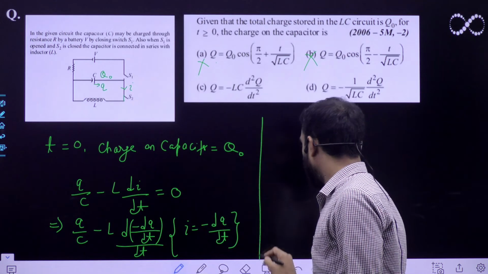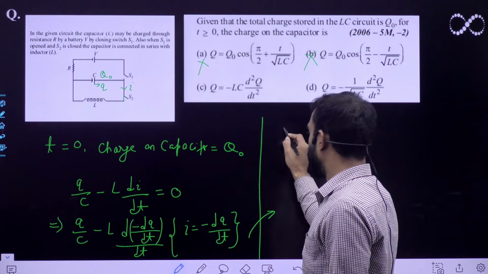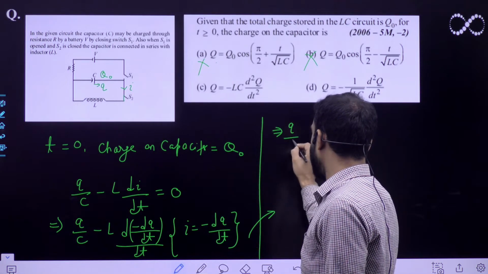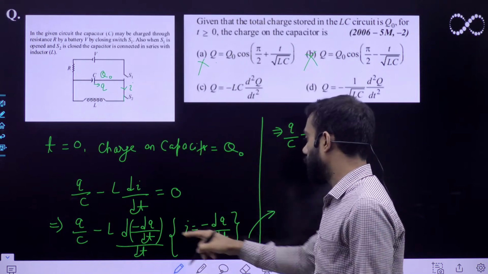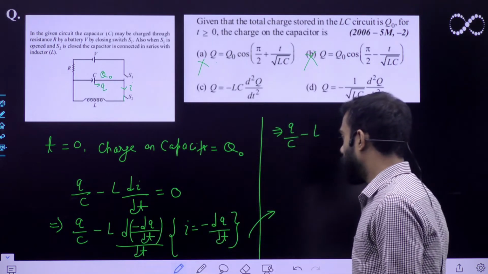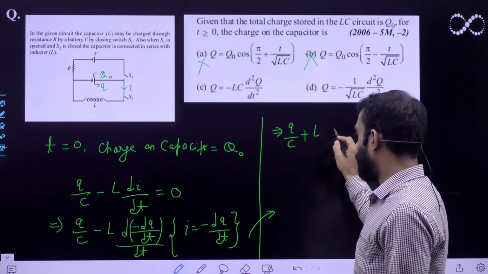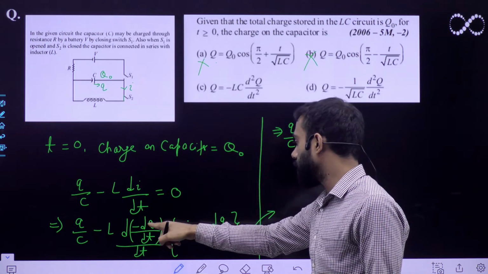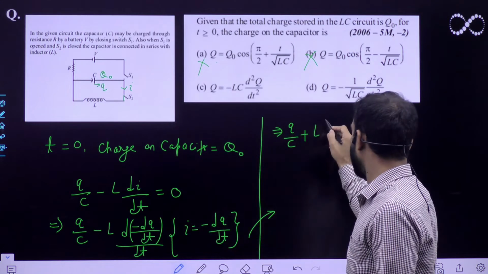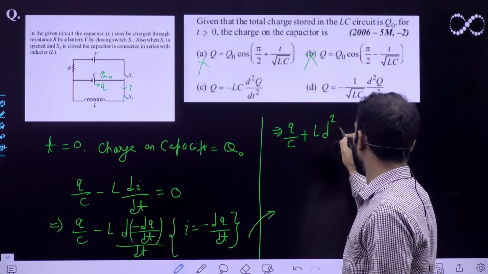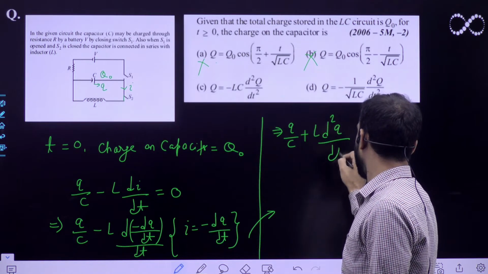So from here this will become Q by C minus L, and this minus will become plus here. Here the charge is getting differentiated 2 times, so this will become L d2Q upon dt square.